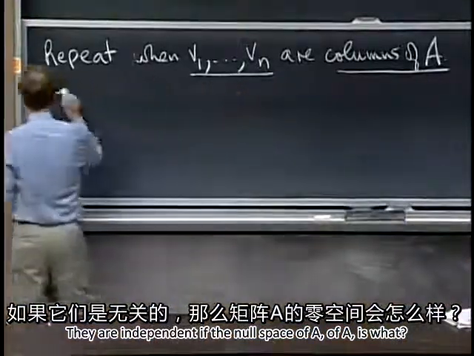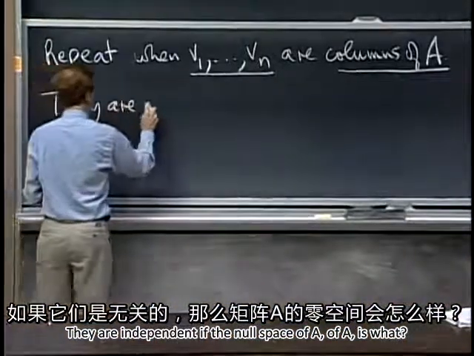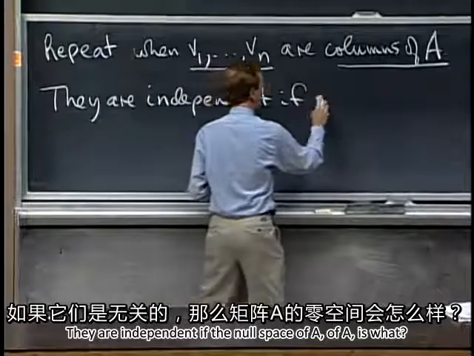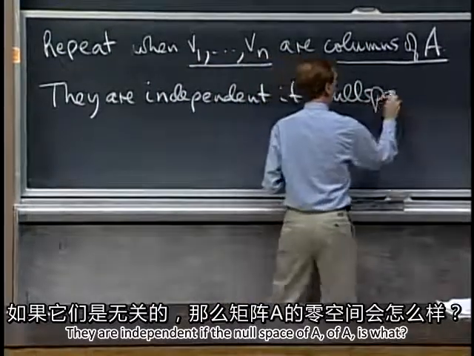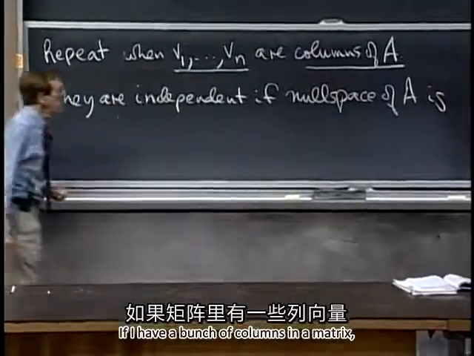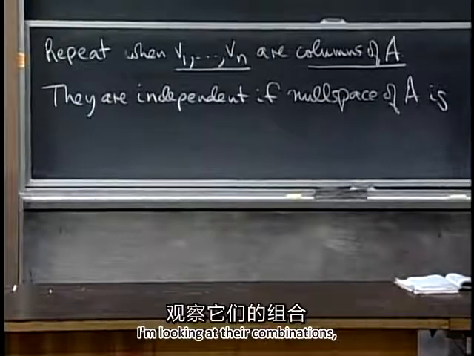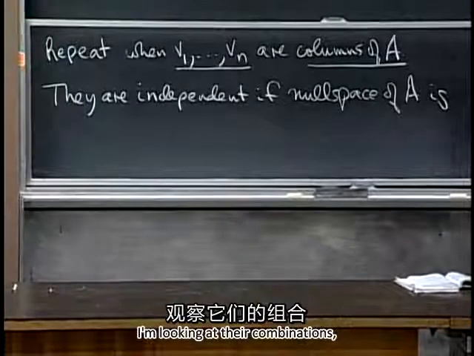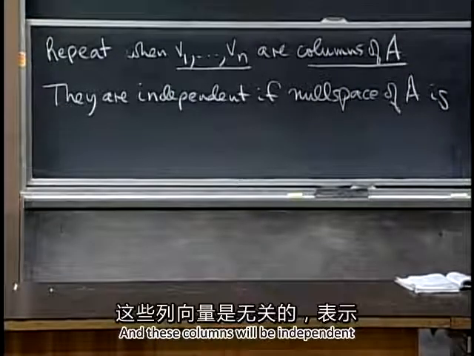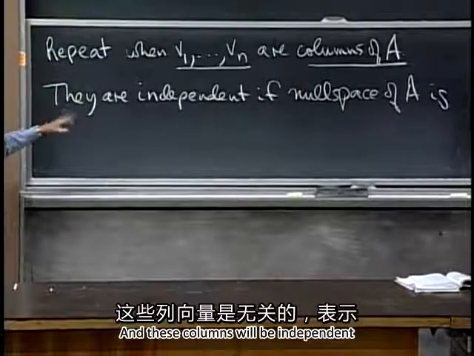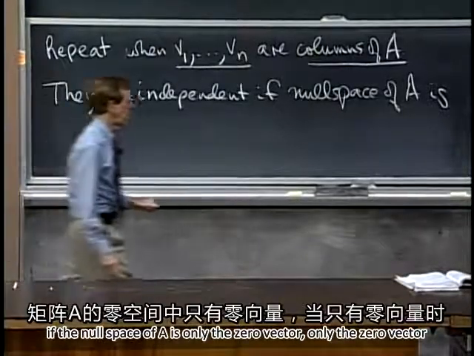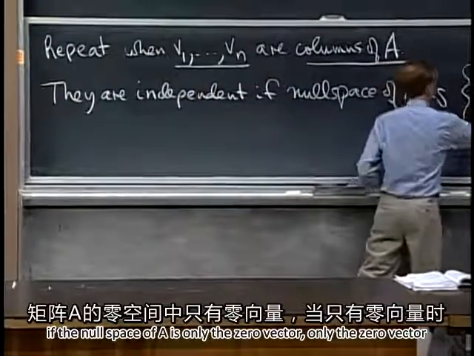They are independent if the null space of A is what? If I have a bunch of columns in a matrix, I'm looking at their combinations, but that's just A times the vector of c's. And these columns will be independent if the null space of A is only the 0 vector, is the 0 vector.